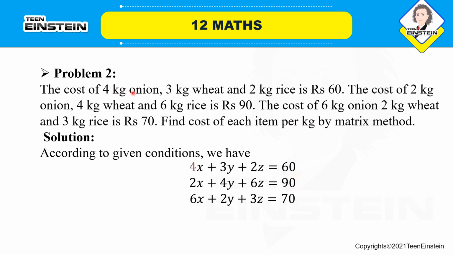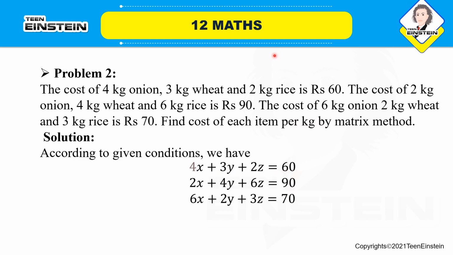The cost of 4 kg onion, how will you write it? 4x plus 3 kg wheat, so 3y, plus 2 kg rice, so plus 2z. So 4x plus 3y plus 2z. The total cost is 60 rupees. So 4x plus 3y plus 2z equal to 60.